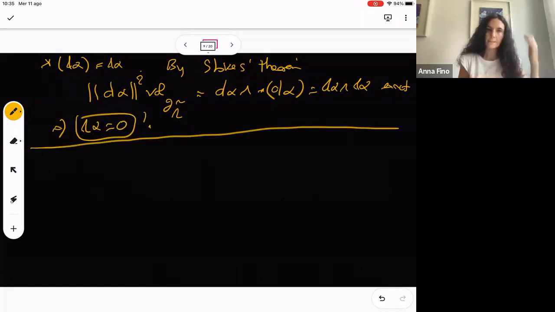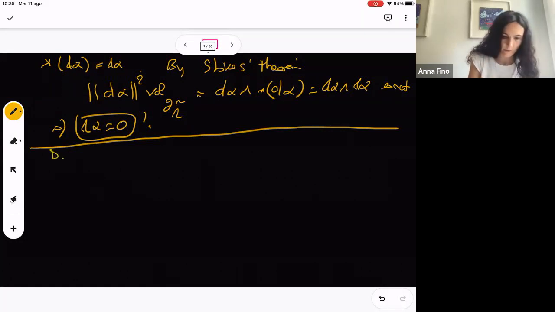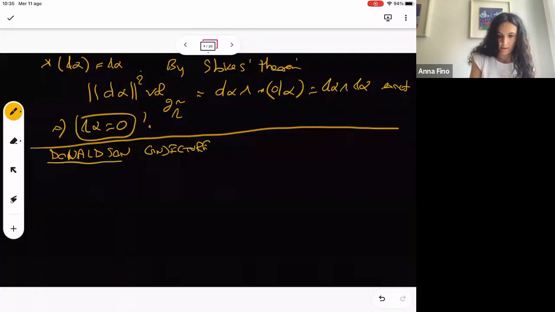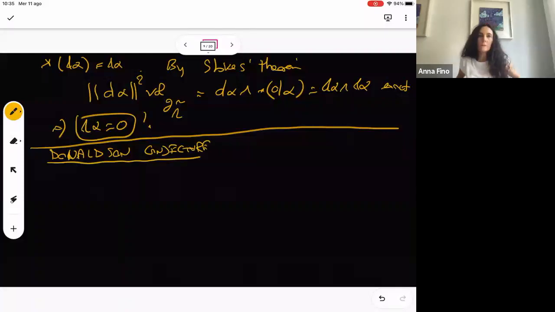In fact, this symplectic Calabi-Yau problem is connected to another conjecture by Donaldson, introduced in a paper by Donaldson. We have another related conjecture that is more related, as we'll see, to the taming condition.